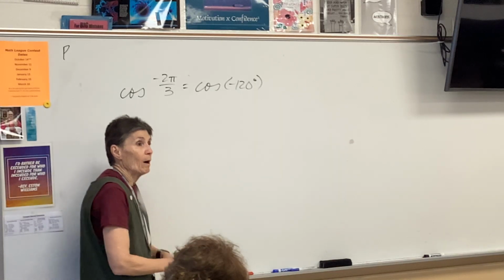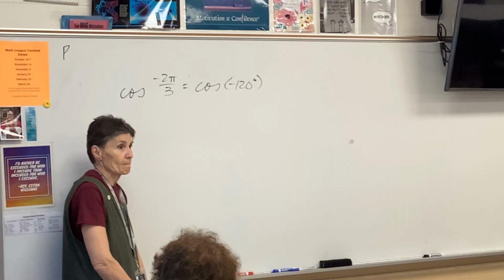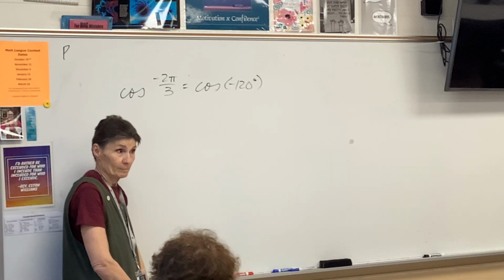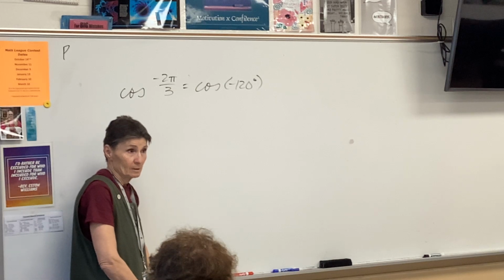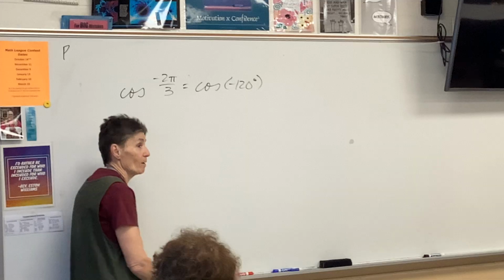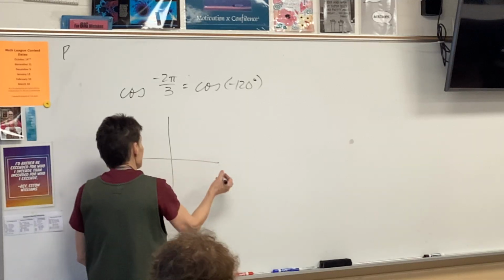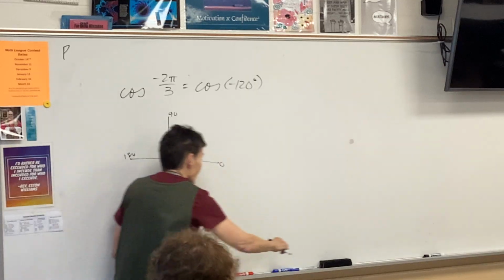Okay. So now what? I've done my first step. What do I do now? Make like the compass. I draw a picture. Since this is regular math, these are my labels. Oh, but wait a minute, it's negative.